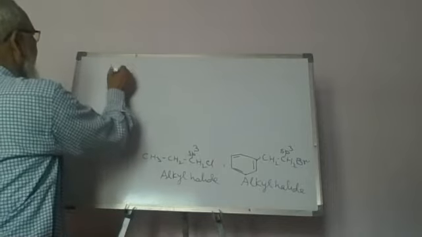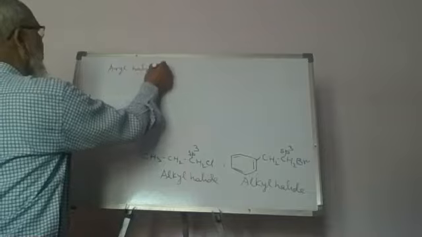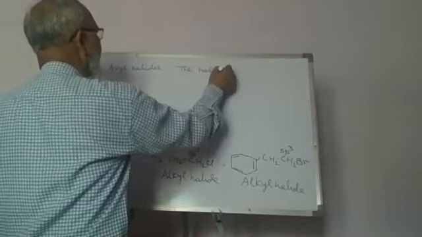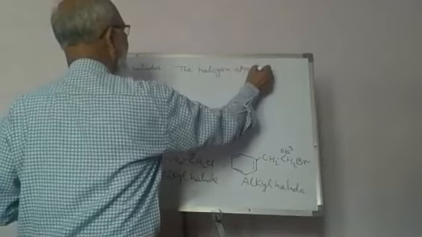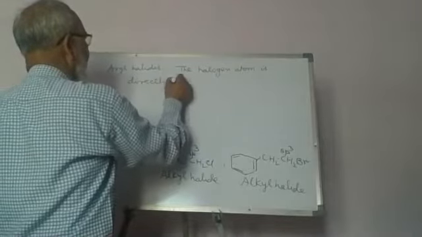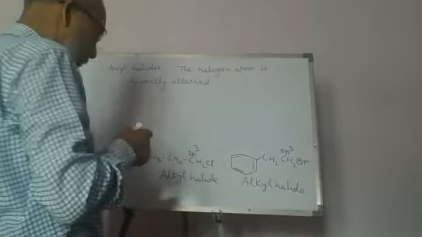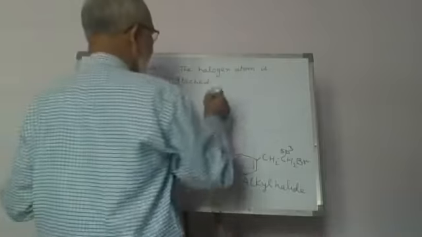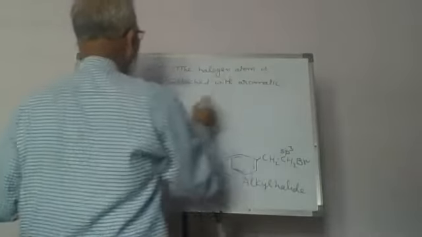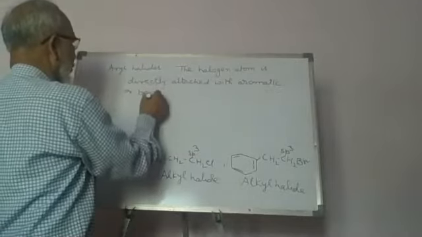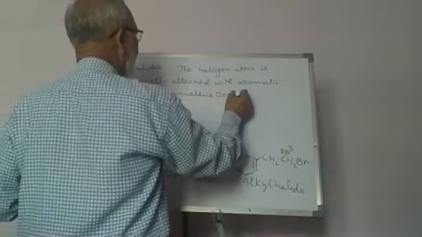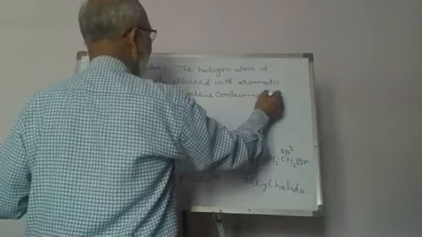In aryl halides, the halogen atom is directly attached with the aromatic or benzene nucleus, containing sp2 hybridized carbon atom.